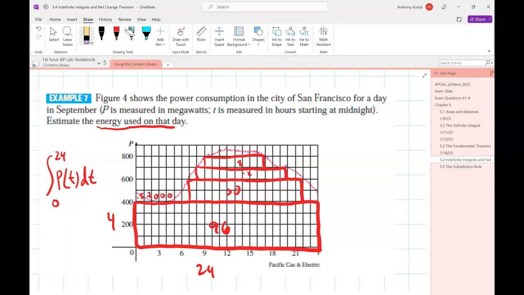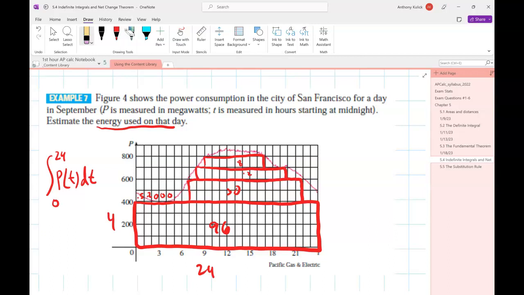I'm going to do no calculus other than the observation that that power rate consumption integrated over the time period is going to be the total energy used. And the way to calculate that is the same as the area under the curve. So I'm just going to be counting boxes at that point.